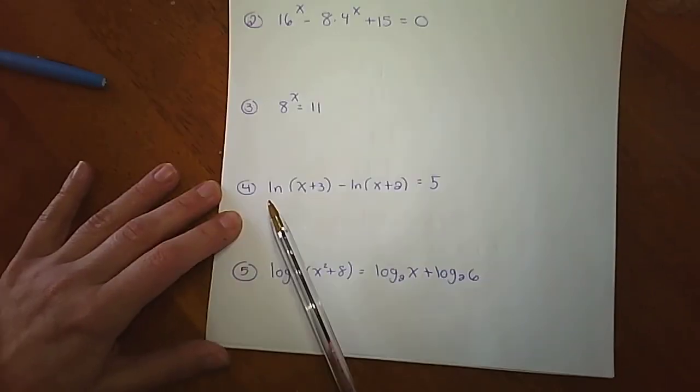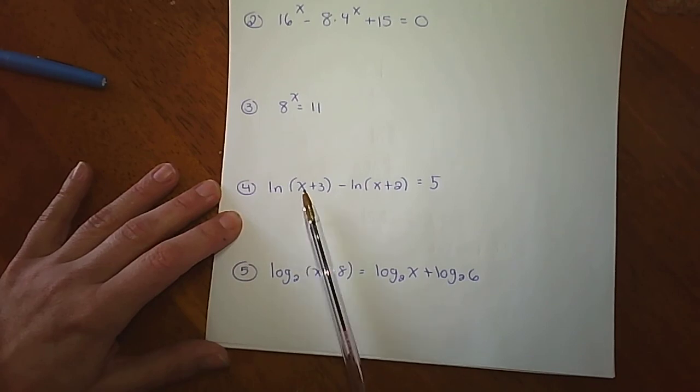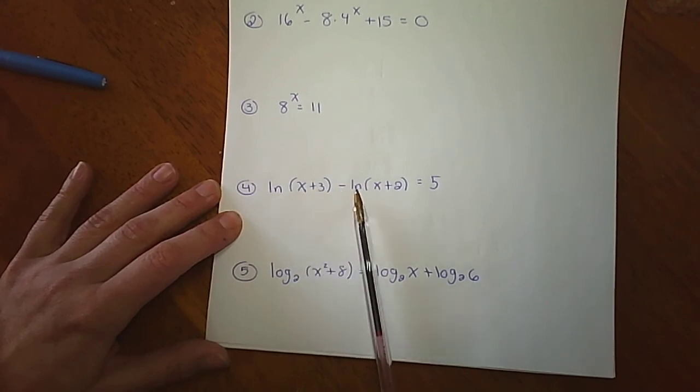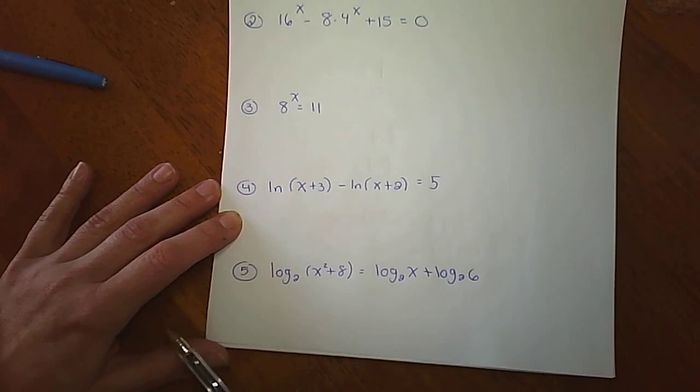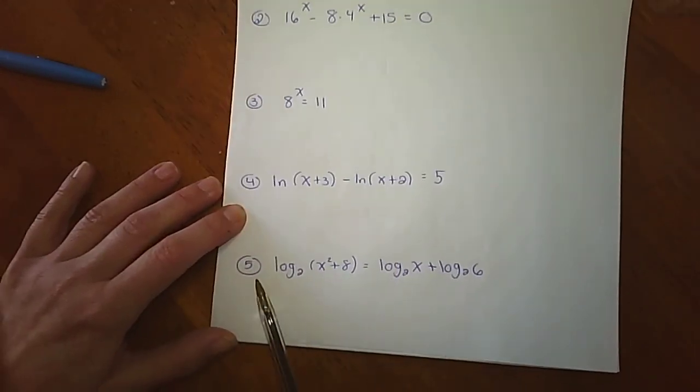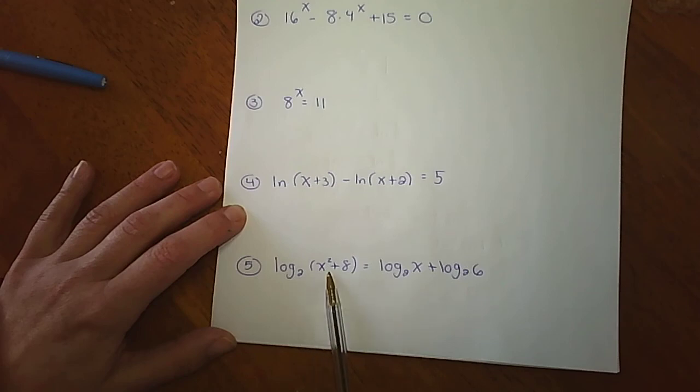The fourth question is natural log of (x plus 3) minus natural log of (x plus 2) equals 5. And the last one, number 5, is log base 2 of (x squared plus 8) equals log base 2 of x plus log base 2 of 6.